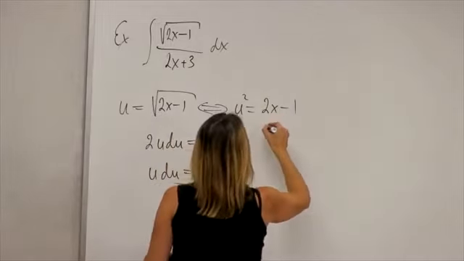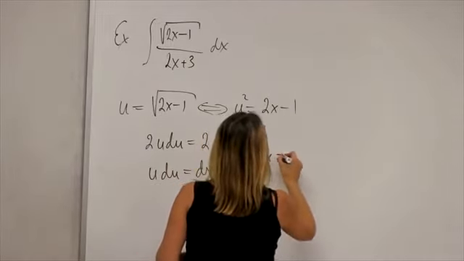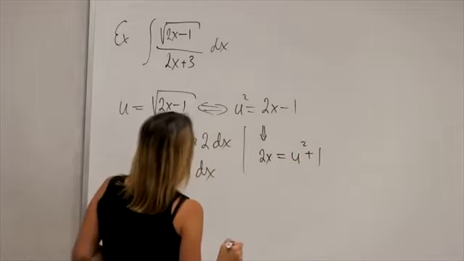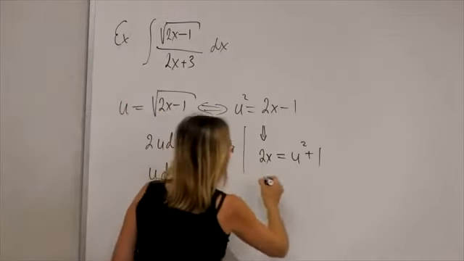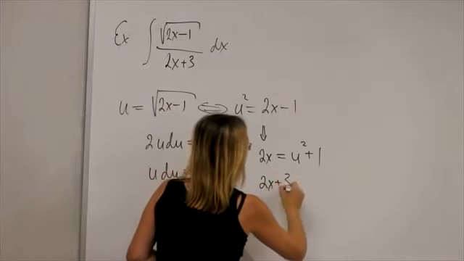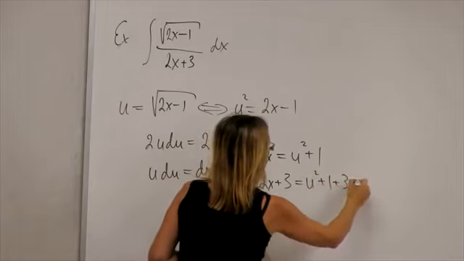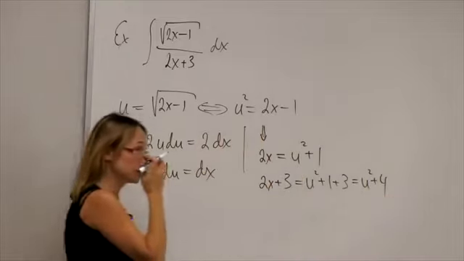I can say from here that 2x is equal to u squared plus 1, right? But I don't want 2x, I want 2x plus 3. So 2x plus 3 is u squared plus 1 plus 3, which is u squared plus 4.